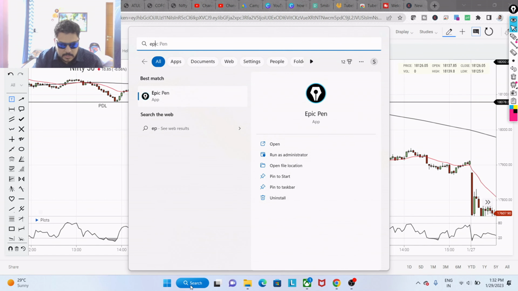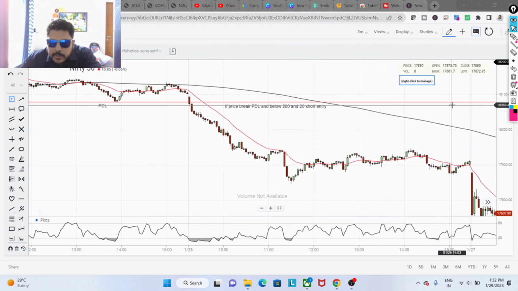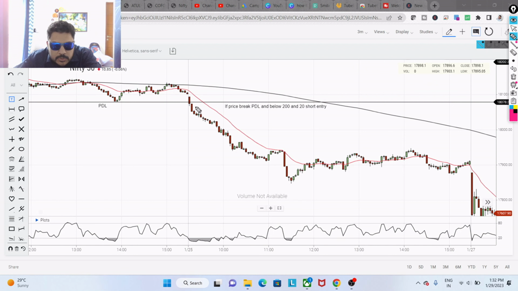Then you have to open up our Epic Pen. You take a short entry, and your stop loss is above this candle. I would suggest stop loss above the high of the day, as this will give you more room for trailing.